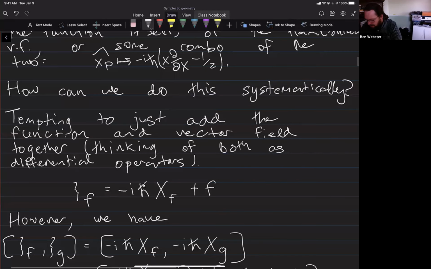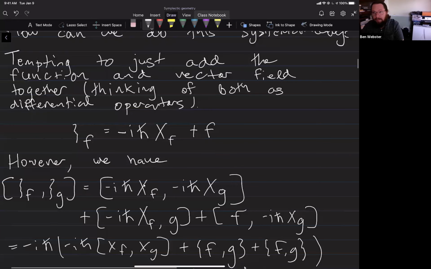And we want to think of this as some kind of operator version of the function, the observable f. Now, we run into a problem right away, which is what happens when we take the commutator of two of these. Well, the commutator of a function and a vector field as differential operators is the derivative of the function with respect to the vector field.